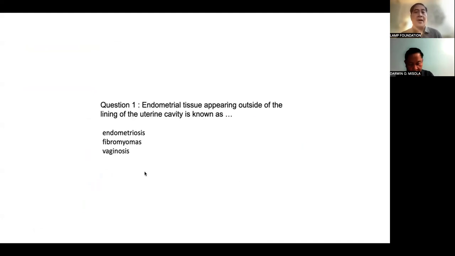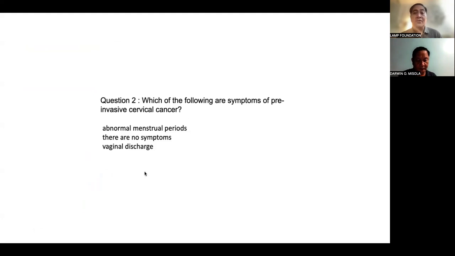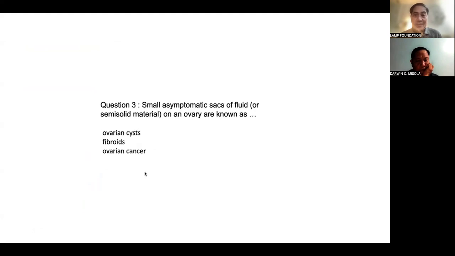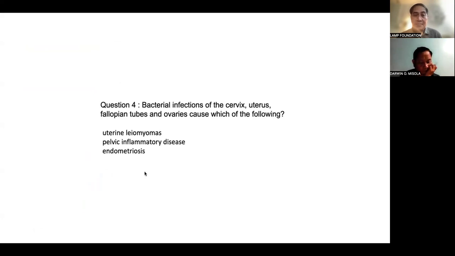Endometrial tissue appearing outside of the lining of the uterine cavity is known as endometriosis. Which of the following are symptoms of pre-invasive cervical cancer? There are no symptoms. Small asymptomatic sacs of fluid or semi-solid material on an ovary are known as the ovarian cyst.